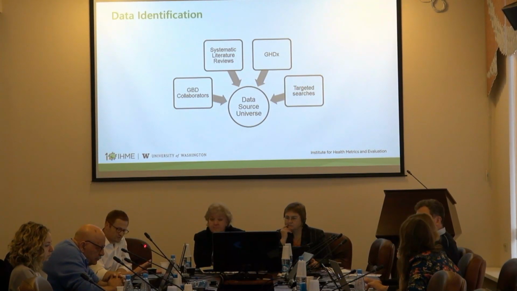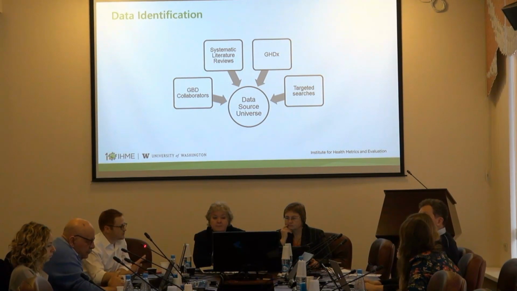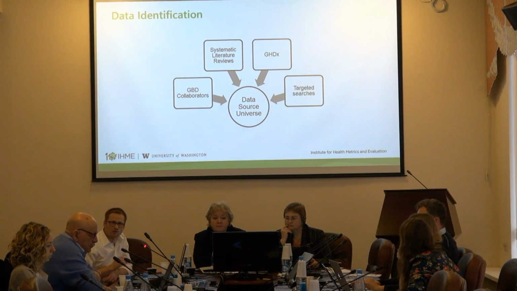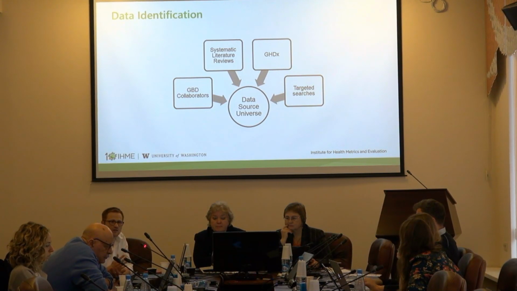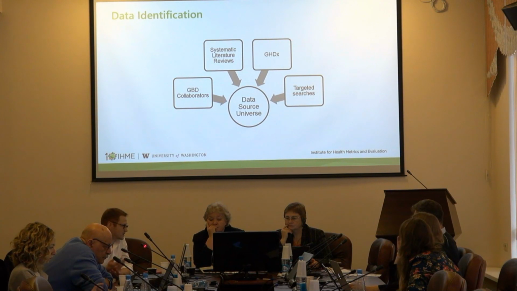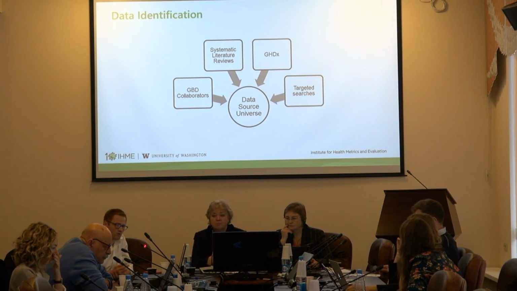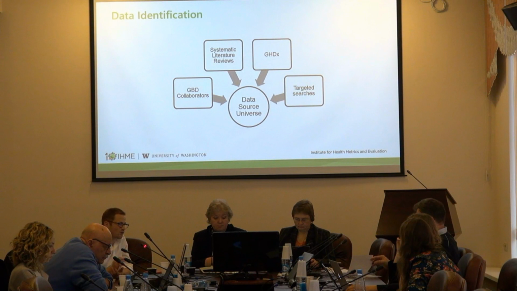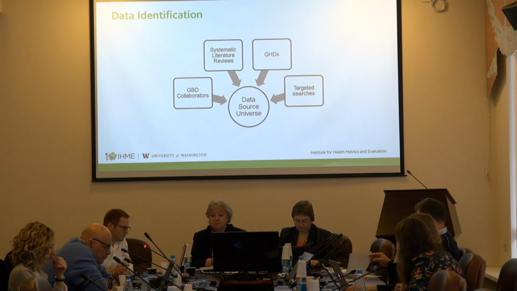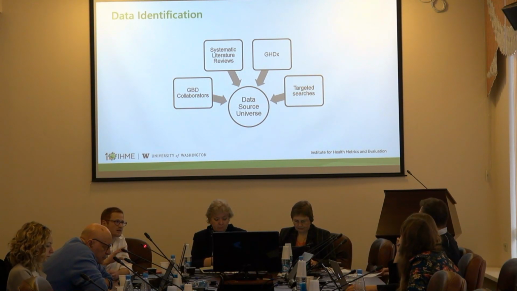The process in terms of how we get our data and where we look: quite a lot of our data come from GBD collaborators. So folks in our collaborator network have data in countries. They have in-country surveys, for example, and they share those with us. We do systematic literature reviews through the typical databases, PubMed, Web of Science, and so forth. We use the GHDX, which is our own internal data repository, and as data come in to the organization, they get put in the GHDX and tagged.